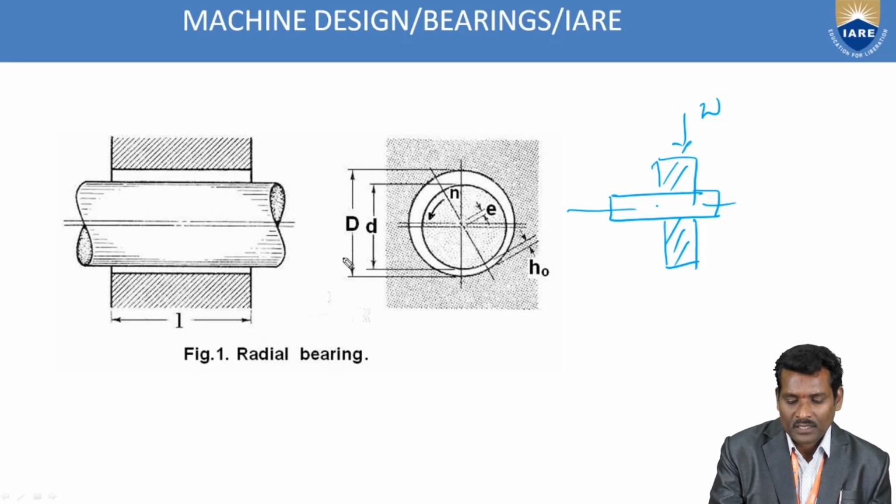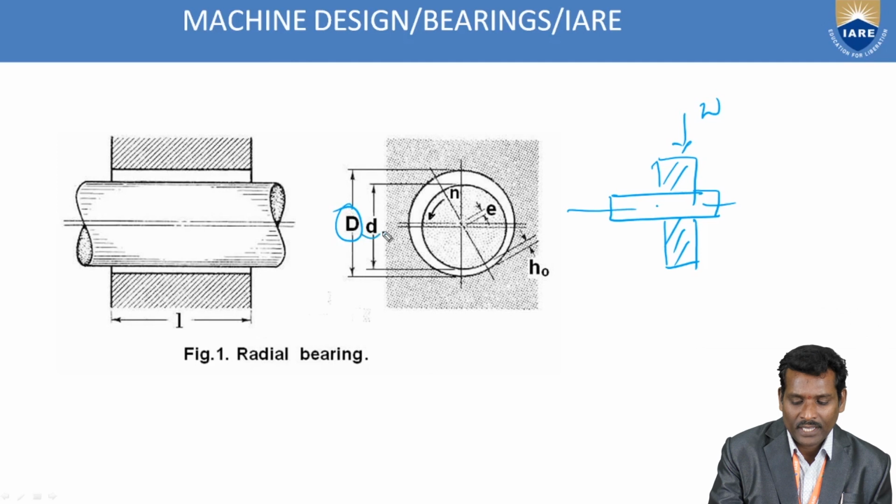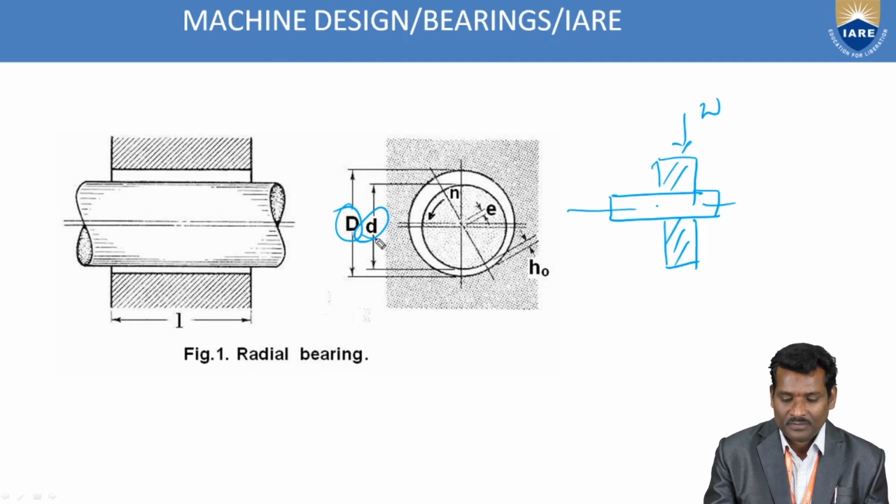See in this figure, this capital D represents the diameter of the bearing, and small d the diameter of the journal. What do you mean by journal? Journal is nothing but how much portion of the shaft is inside the bearing, that particular portion is called the journal.